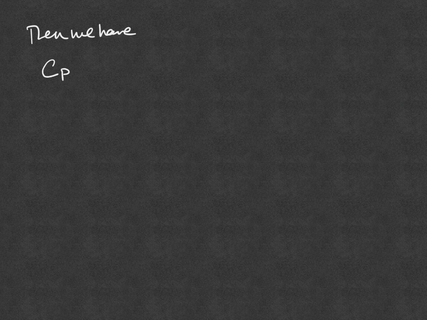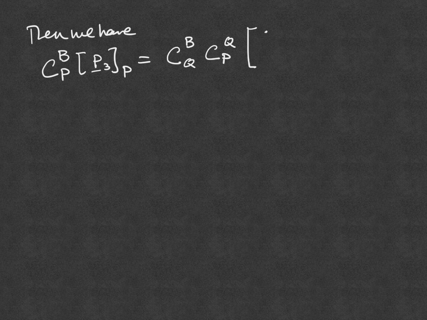So then we have the transformation from P to B times P3 expressed in P, which is equal to the transformation from Q to B times the transformation from P to Q times 0, 0, 1.